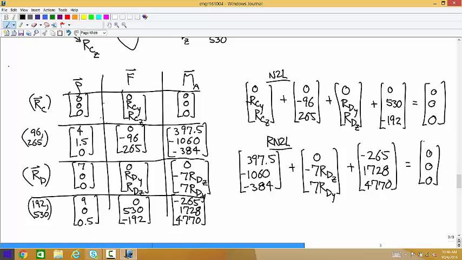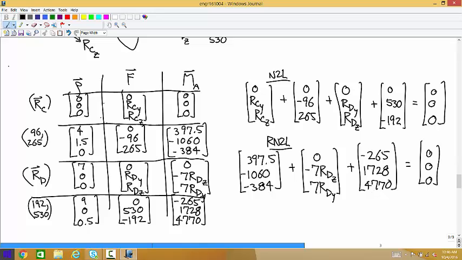But this problem is unusual because, like I said at the beginning, this one is not actually in static equilibrium. It's free to rotate about the axis. And you can see that if you look at this x moment equation. That's the rotational equation related to rotations about the axis.